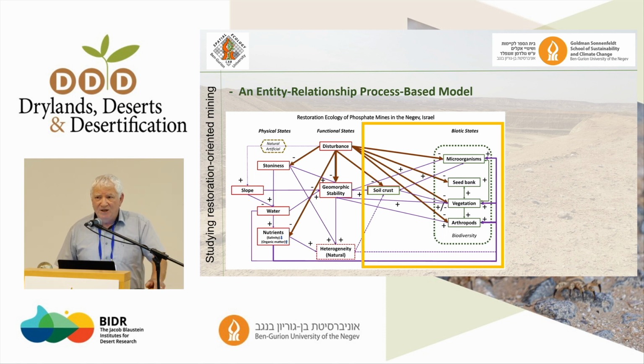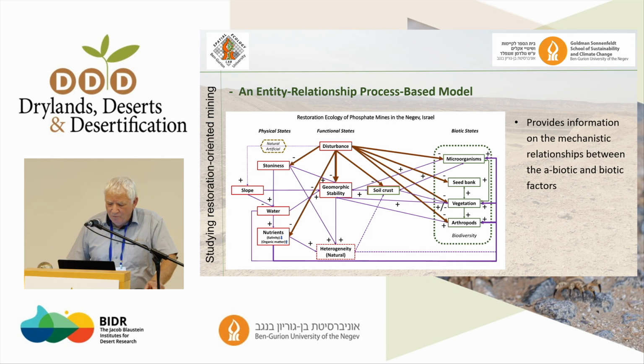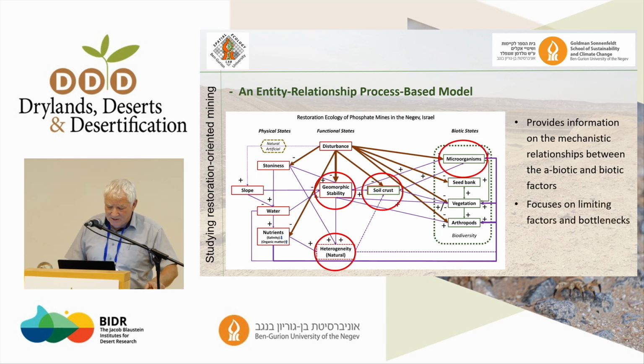We identified each of these paths with the negative and positive feedbacks, and by doing that, this provides information on the mechanistic relationships between the biotic and abiotic factors, so it helped us to understand what is going on, again with reading and references and all the information that we gathered about this system. Then when we have something like that, you can focus on limiting factors and bottlenecks.